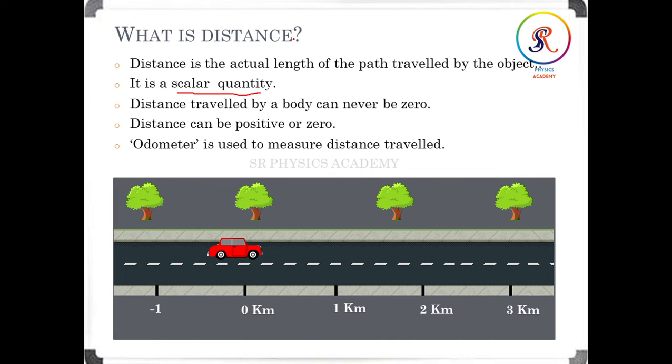Next, distance travelled by a body can never be zero. What is the meaning of this? For example, if a car is moving, then it changes its position. This is the initial point, the start, and it changes from 0 to 1 kilometer. If a car is moving, then it changes its position with respect to its surrounding, so the distance can never be 0.